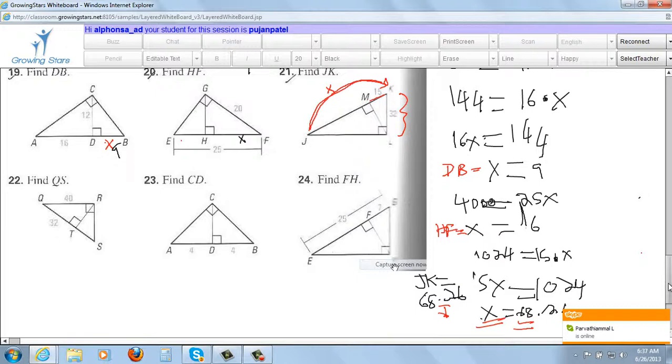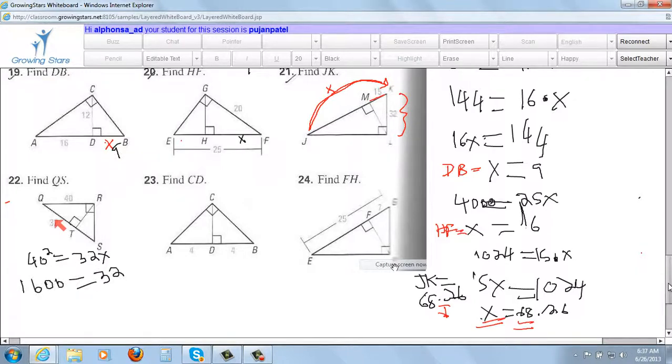All right. Now, 22nd question. QS. Okay, so 40 squared equals 32x. 40 times 40 is 1,600 equals 32x.